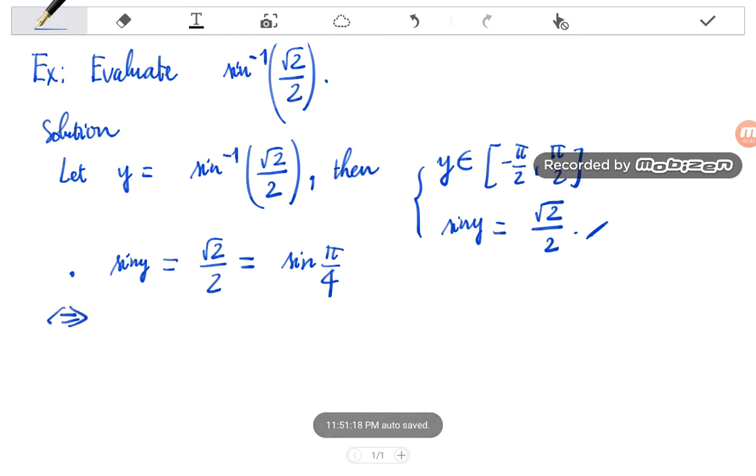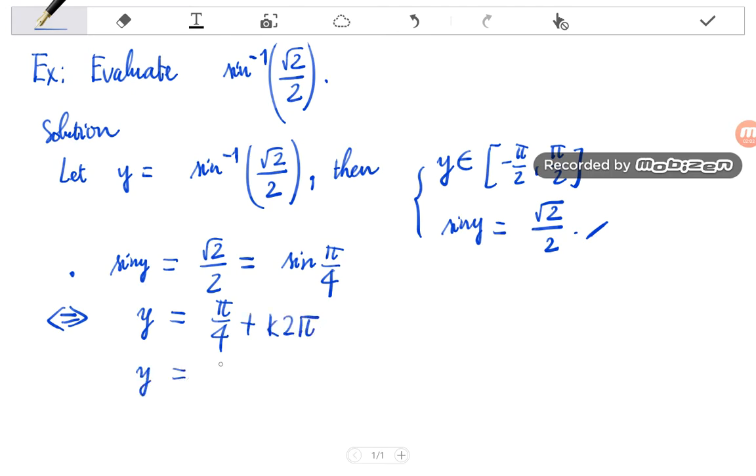And this equation is equivalent to y equals pi over 4 plus k times 2 pi, or y equals pi minus pi over 4 plus l times 2 pi, with k and l in the set of integers.